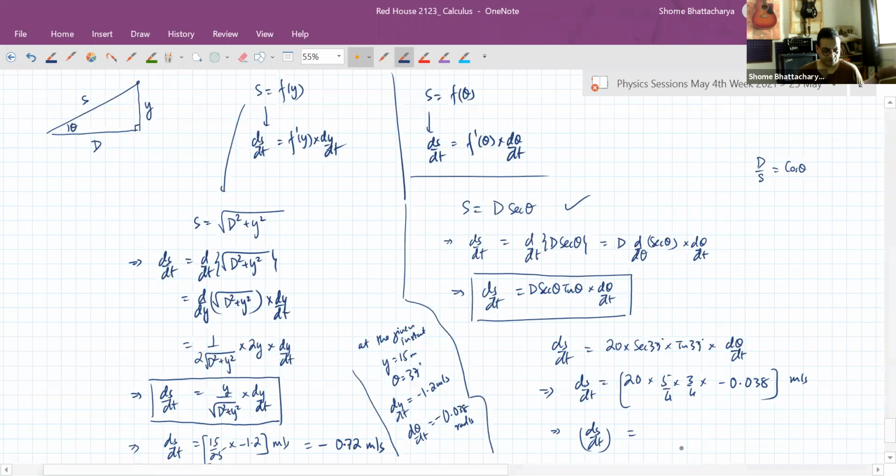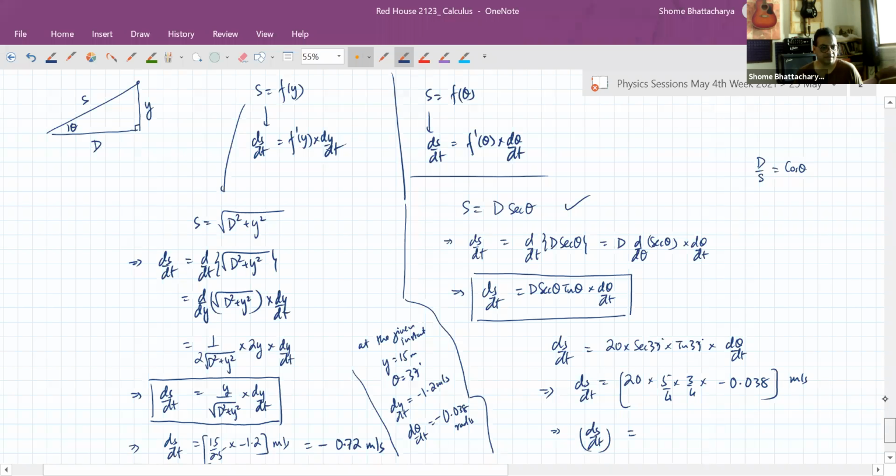20 into 15 into 0.038 divided by 16. Yes. So this is a bit of an approximation over here. There were more places in decimal.